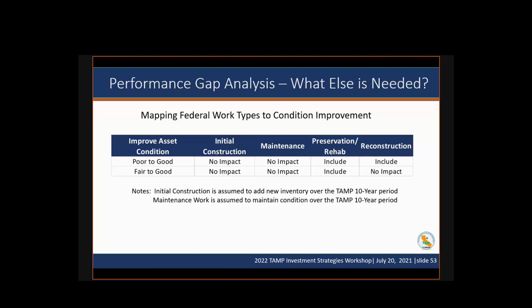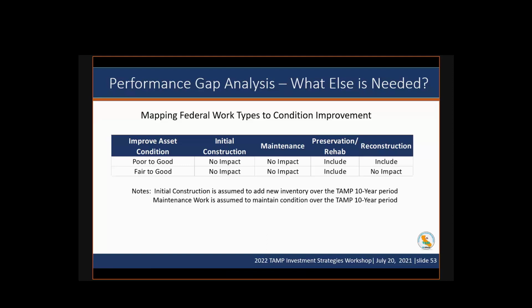And we're looking at these specific categories in the analysis to see what our end result would be. So we're looking at our fair asset conditions going to good condition over a 10-year period. And these investments that you have weighed in on and provided back to Caltrans, when we think about those investments, you can think about preservation and rehabilitation contributing to the improvement from fair to good.